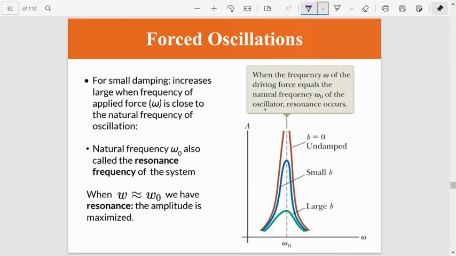So for an undamped system, the moment that the driving mechanism that creates the applied force has a frequency that's just about the same as the natural frequency of the oscillator, then the amplitude will be huge and we'll have something that's called resonance.